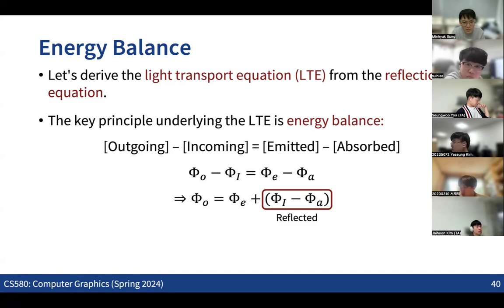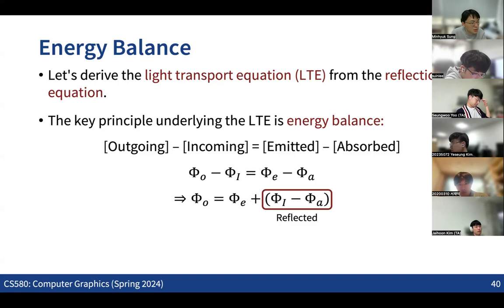In the same scene that we are rendering, we are obviously going to assume that the difference between the outgoing power and the incoming power should be exactly the same as the difference between the power emitted from the light source and the power absorbed by the surfaces.